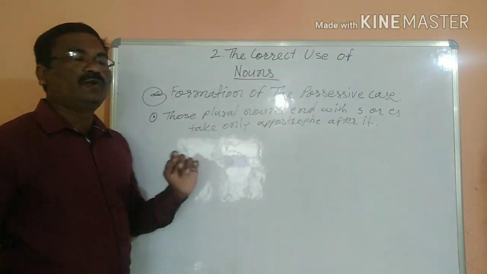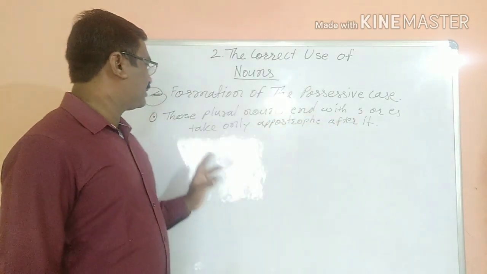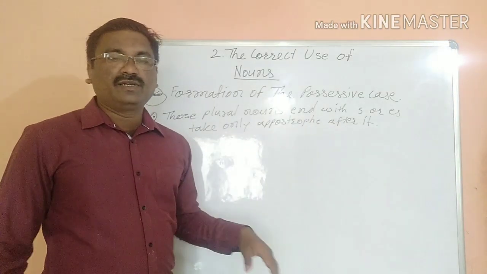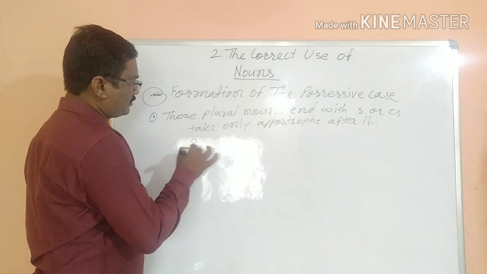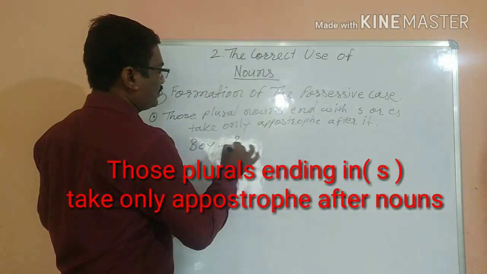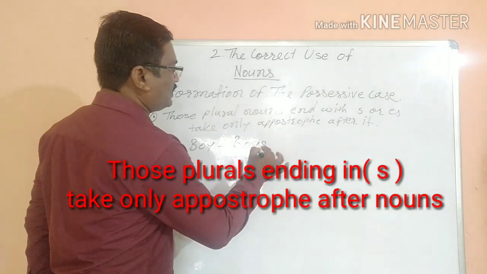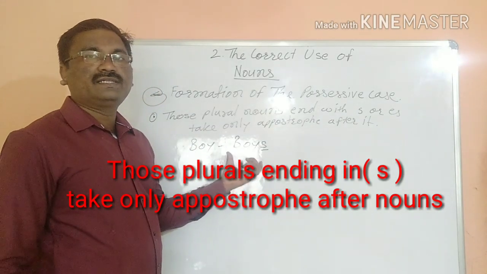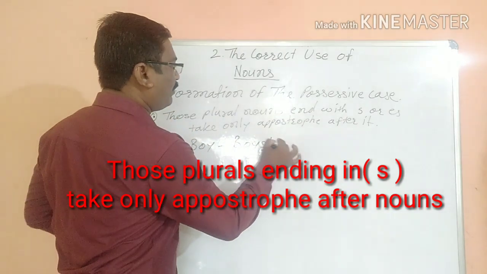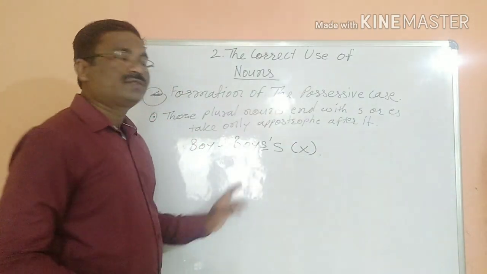See this rule: those plural nouns which are ending in s or es take only an apostrophe after it. For example, boys. What is a boy? Its plural is boys. This plural already has the s form, so we need not add apostrophe s. If you do this, the sentence may be wrong. So what needs to be there?